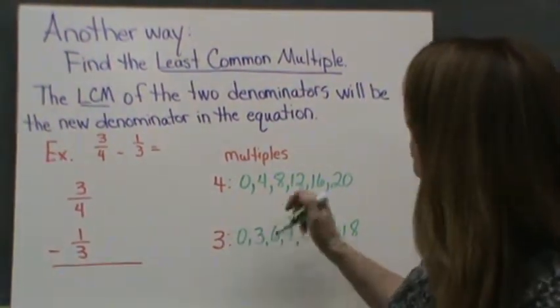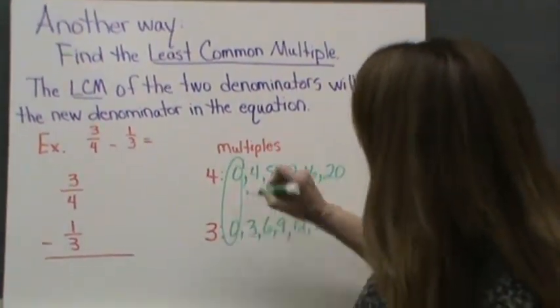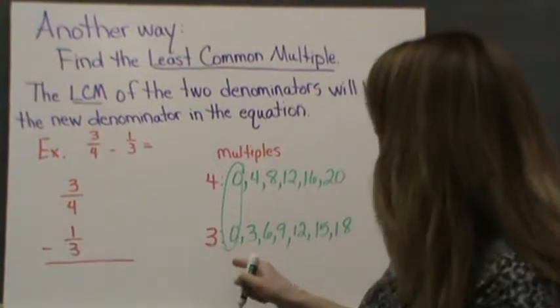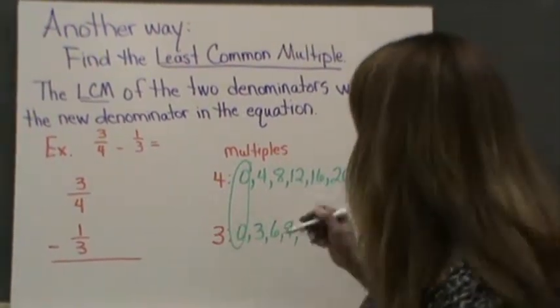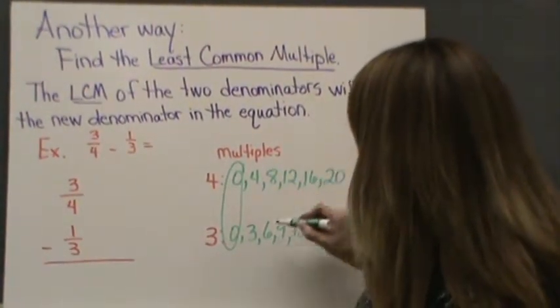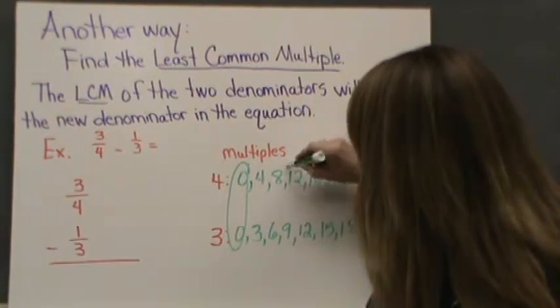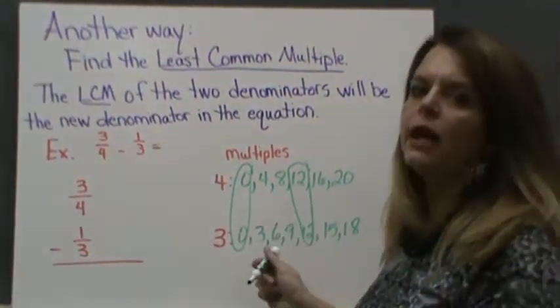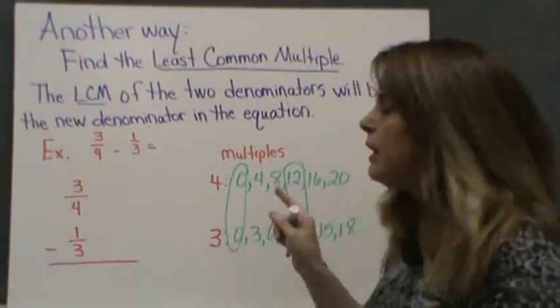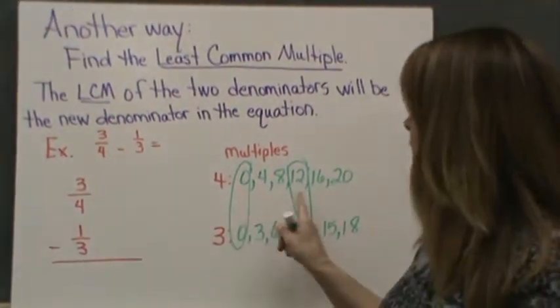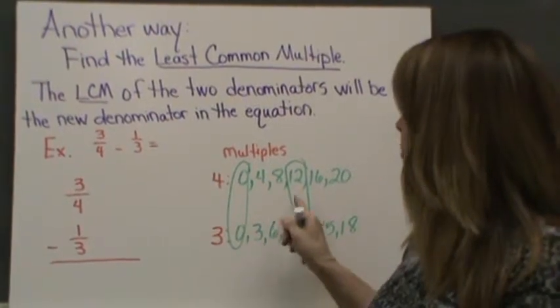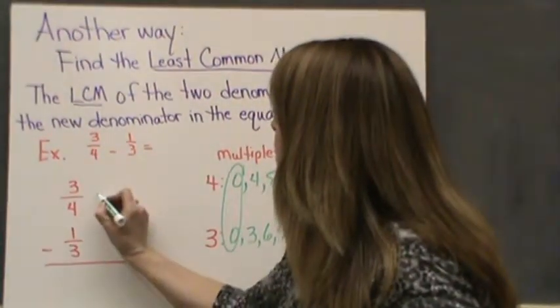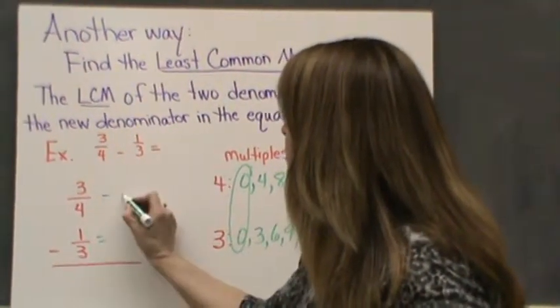So now I have to look at which ones are common. 0, but I know I can't use 0. 4, 6, 9, let's see, they both have 12, 15, 18. So that's all I really need, because now I know that the least common multiple is 12. So 12 is going to be my new denominator over here.